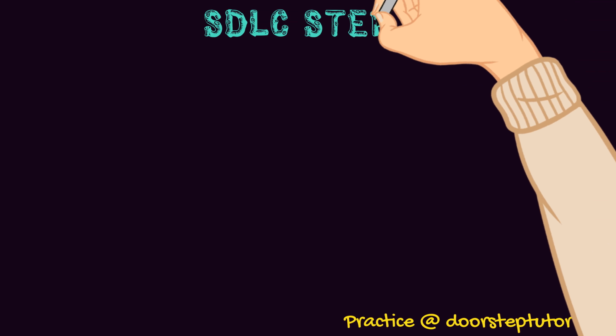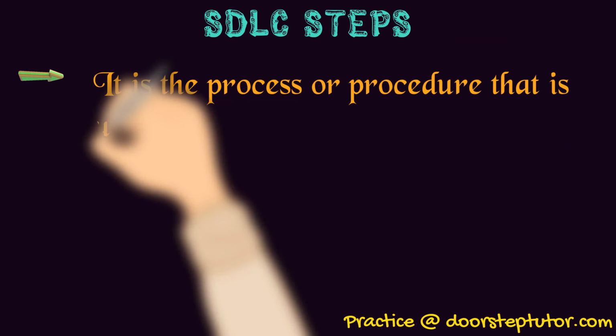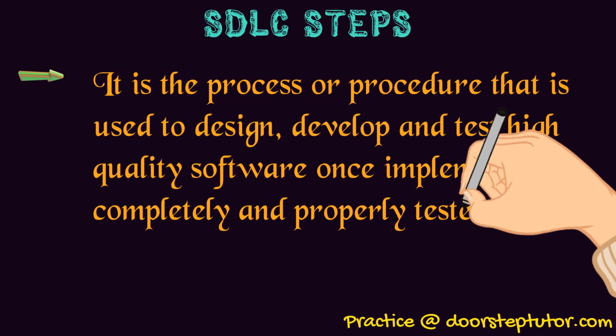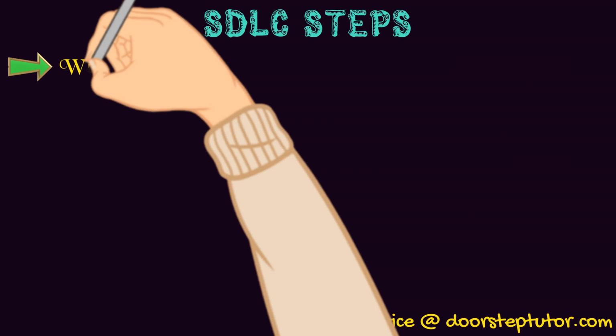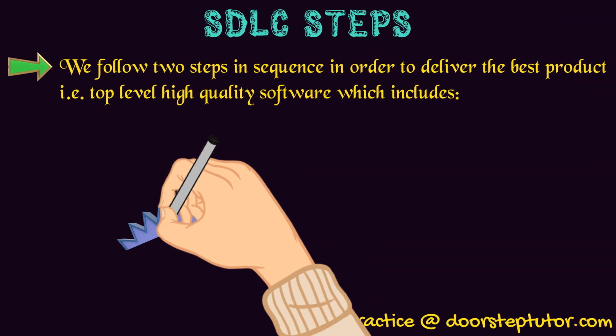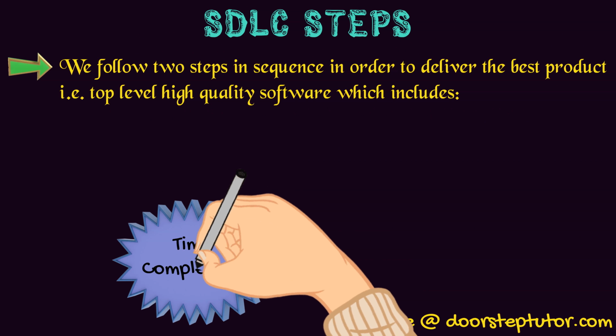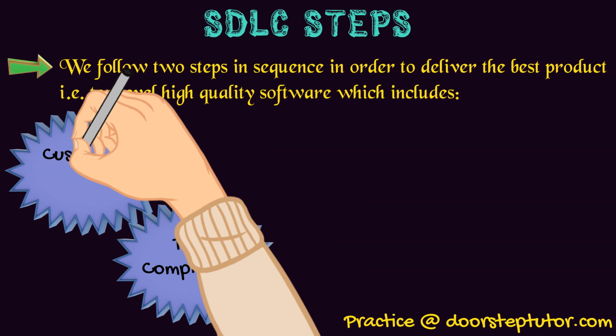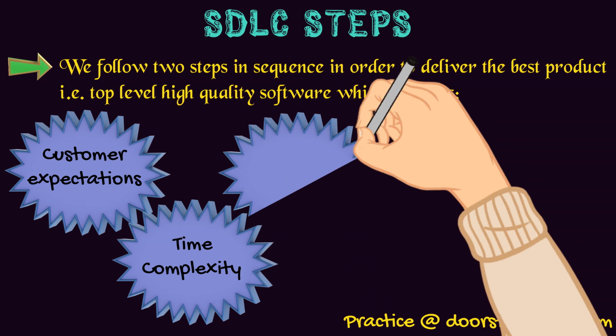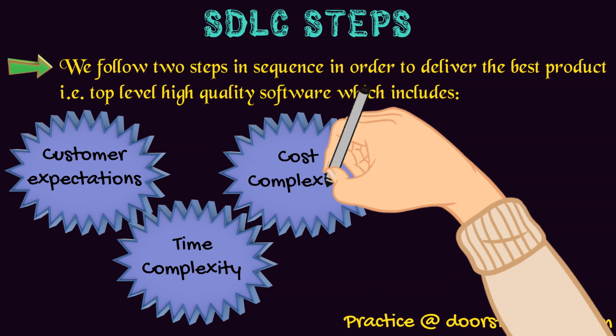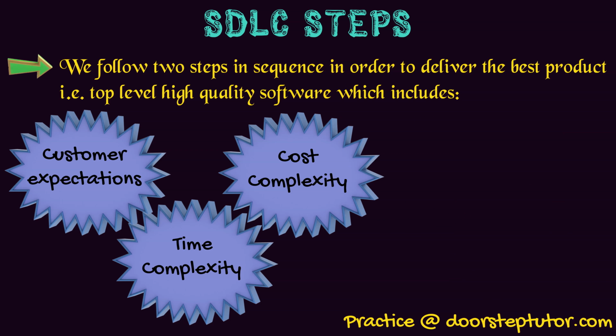So if we consider the overall steps, we can say we have some major considerations in the SDLC steps. That is the time complexity, the customer expectations, what the major needs of the customer are for the product. Then the cost complexity, it must be in budget too. We must not create an out-of-budget project which will not be paid for by the customer who wants the project. So that is the major consideration.